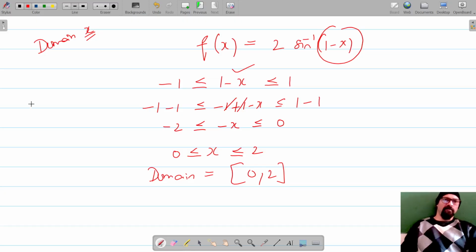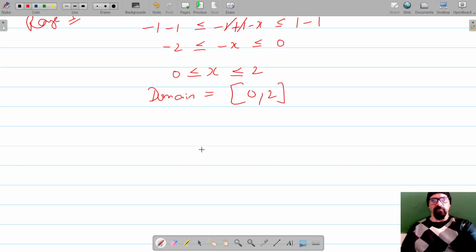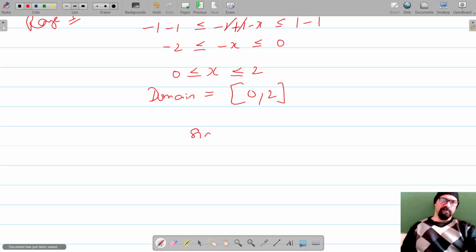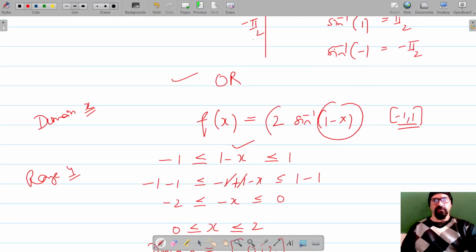This is the domain. Now we have to find the range, that is y. Sine inverse x has the domain minus 1 to 1, and we know that we get values for the angles minus pi by 2 to pi by 2. So sine inverse 1 minus x is greater than or equal to minus pi by 2 and less than or equal to pi by 2. Our function is 2 sine inverse 1 minus x, and this is y.